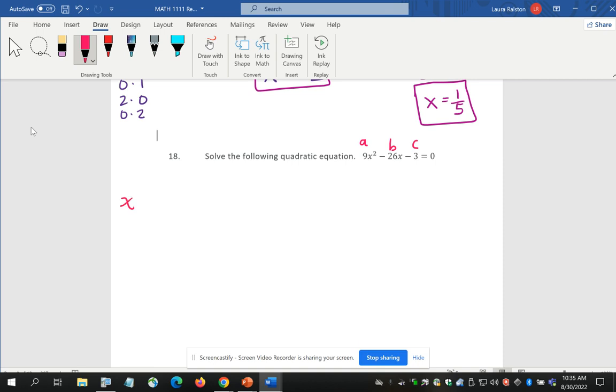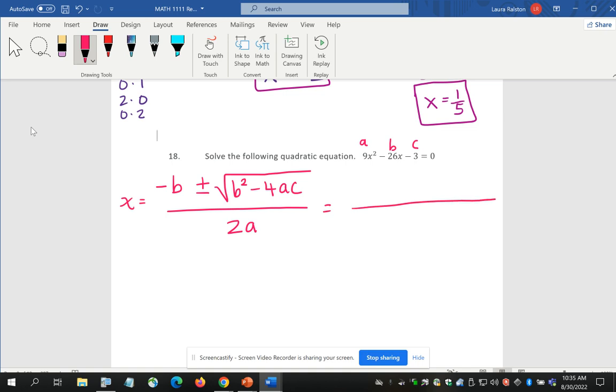And if we're doing quadratic formula, opposite of b, plus or minus the square root of b squared minus 4ac all over 2a.